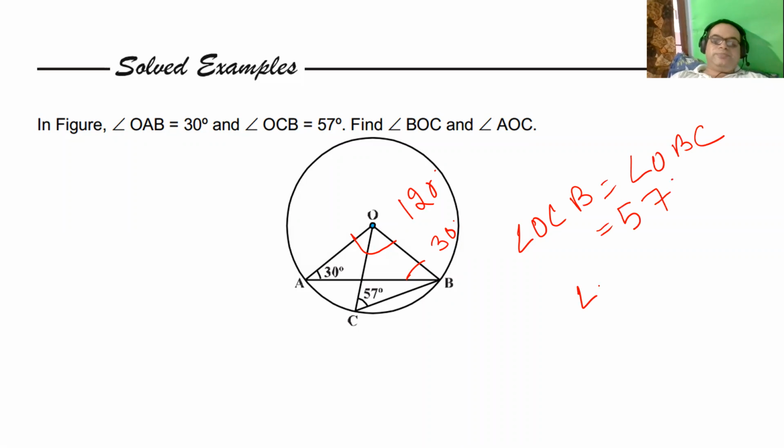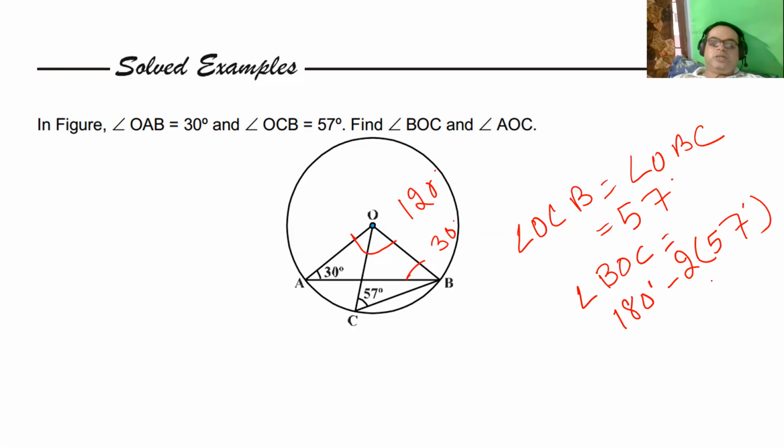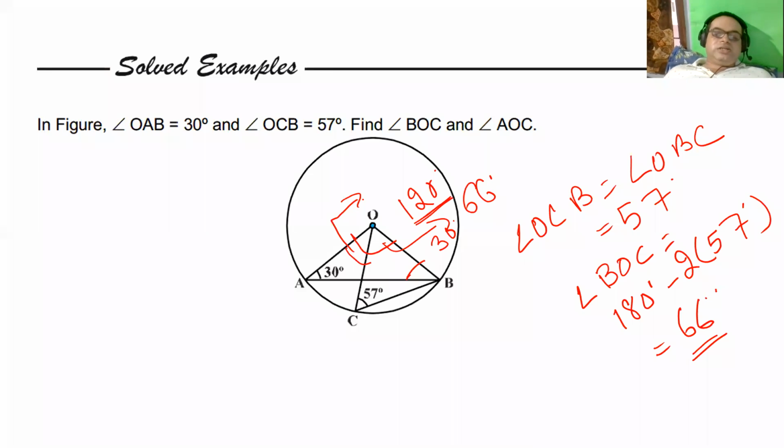So angle BOC will be equal to 180 degrees minus 2 times 57 degrees, which is equal to 66 degrees. So this angle I got as 66 degrees, this angle as 120 degrees, so this angle will be nothing but 54 degrees. So angle AOC will be equal to 54 degrees and angle BOC will be equal to 66 degrees.